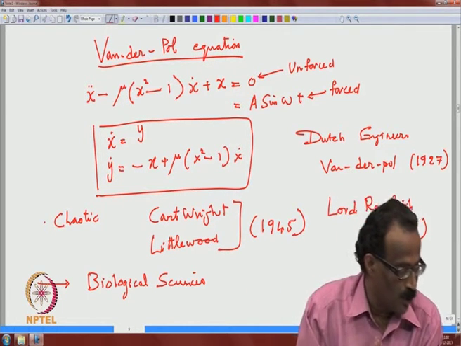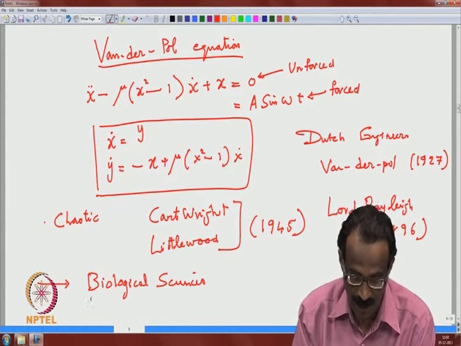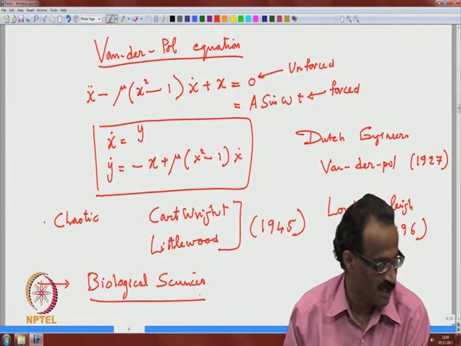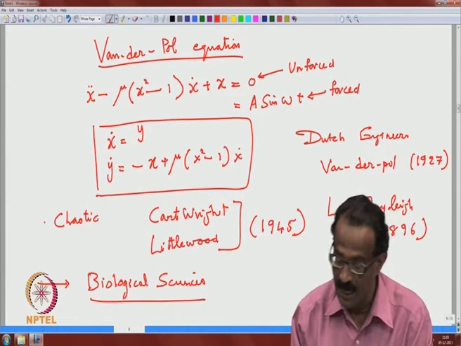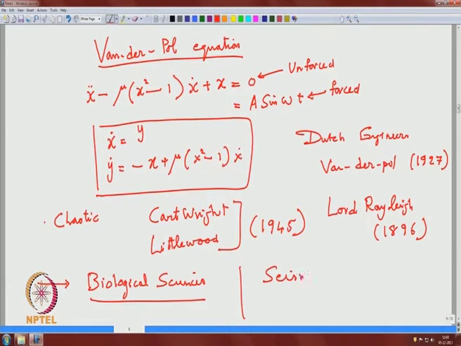In the study of neurons, the action potential of neurons, the same equations have been extensively studied, including their chaotic behavior. It is also used in seismology, where you want to understand geological flow between two plates. So the same equations have applications in other areas also.